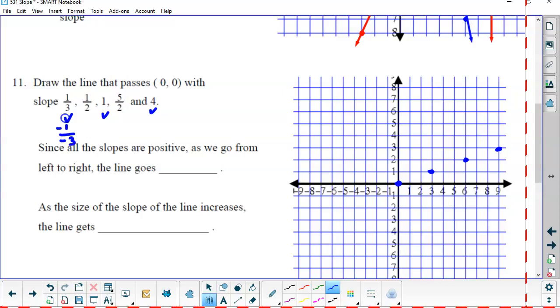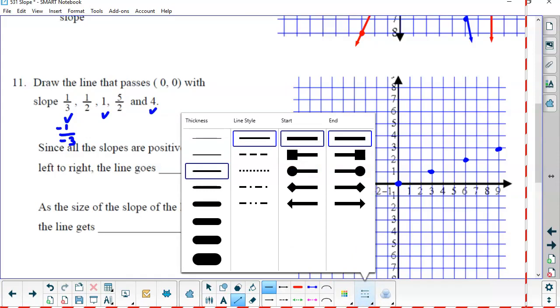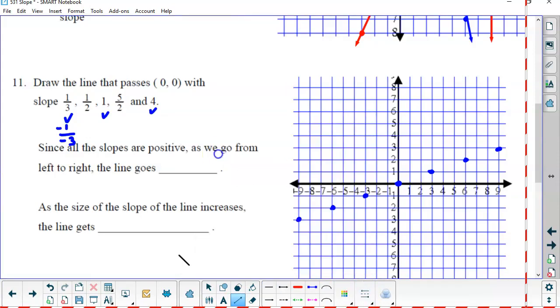That's not in lowest terms, but in terms of actions to get slope, we can go down 1 to the left 3, so that we can fill up our grid paper. You always want to fill up your grid paper.